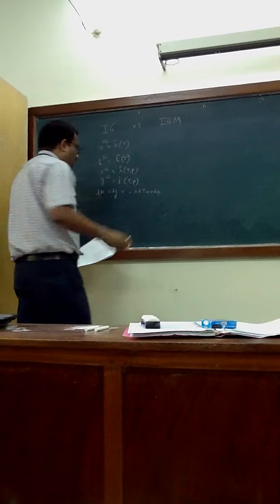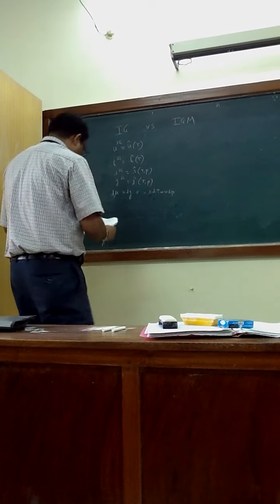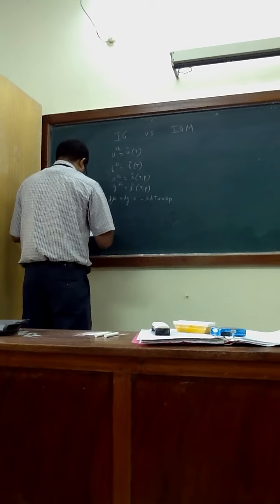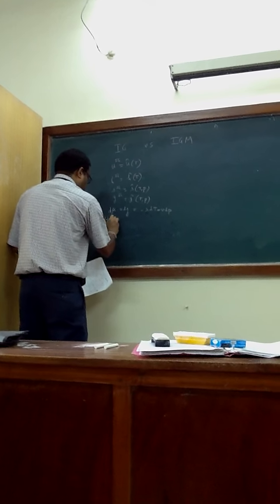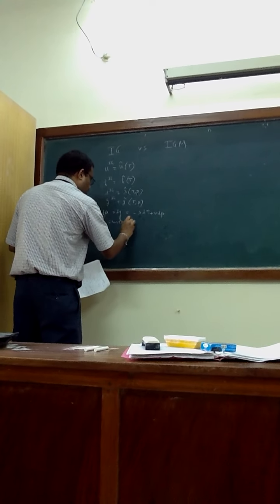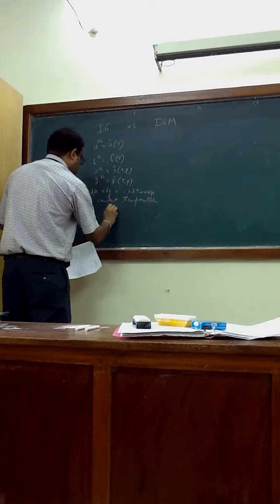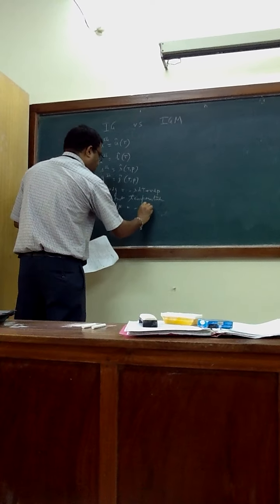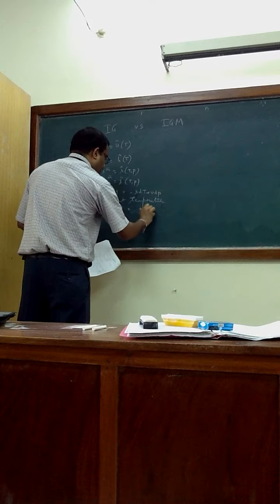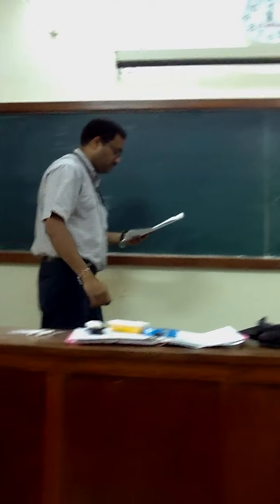So dμ equals dG minus SdT plus VdP. This is our expression, and at constant temperature you can write dμ equals V dP at constant temperature.